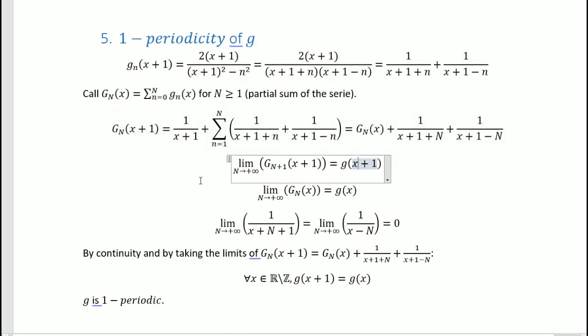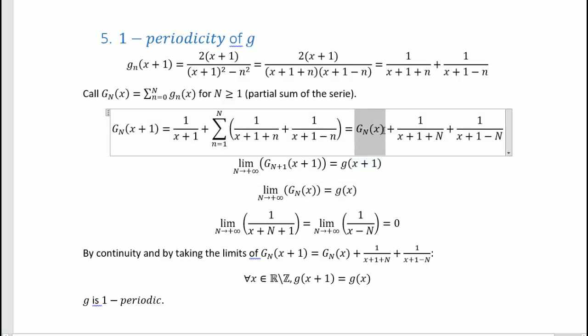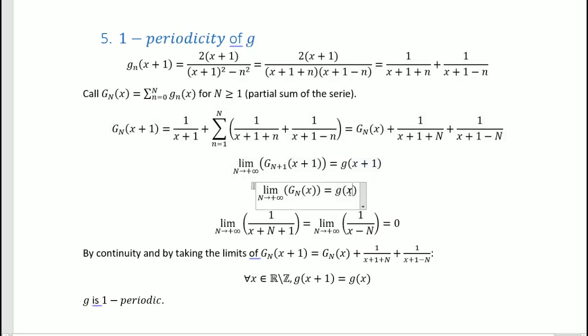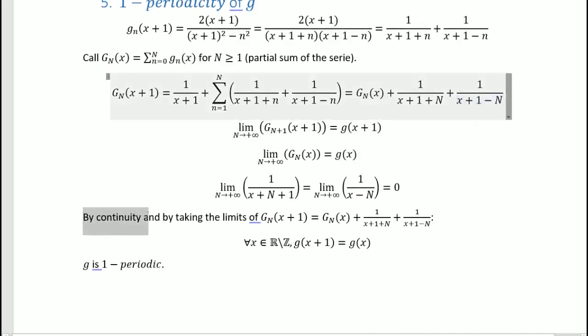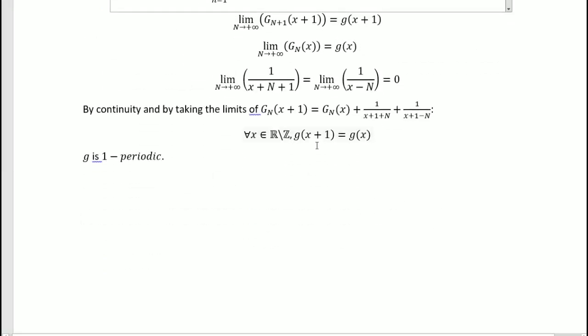This part here converges to g of x, and both of these converge to 0. So by continuity and by taking the limits of the expression we got here, we get that g of x plus 1 equals g of x. So G is one-periodic.